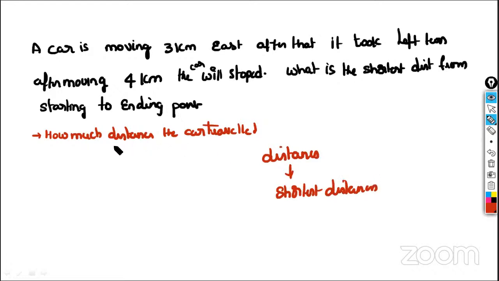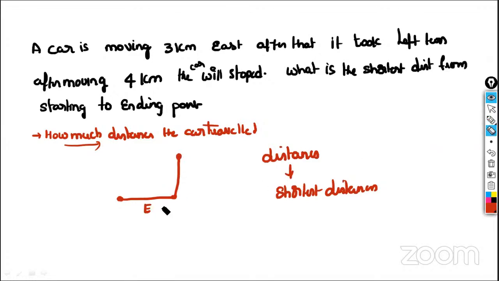When he was asking how much distance is there, then we take the complete total distance, right? See, here he is moving in the east direction. After that, he took a left turn.